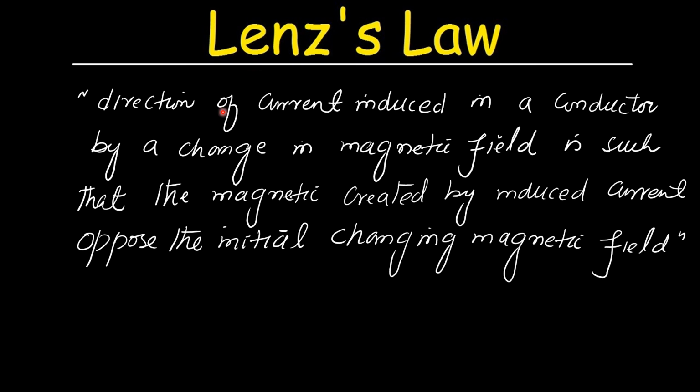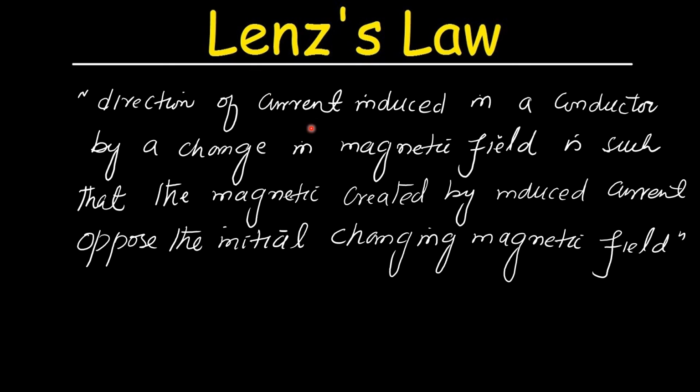If I put the definition of Lenz's law in simple words: whenever a bar magnet, or any kind of magnet, moves toward or away from the conductor, there will be a generation of an induced current in the conductor. This induced current is produced due to a change in the magnetic field as the magnet moves away or toward the conductor.